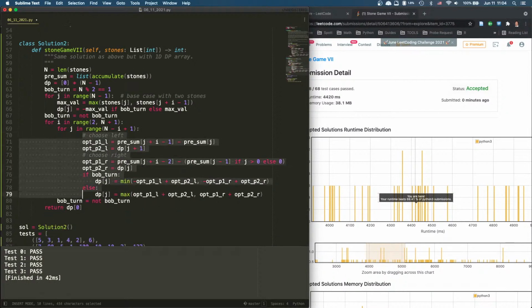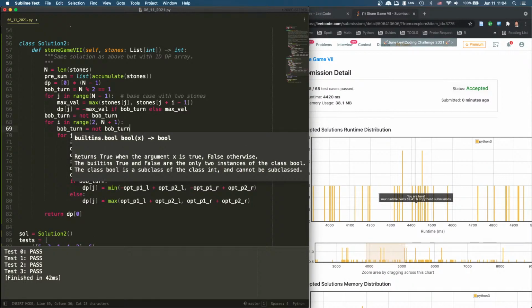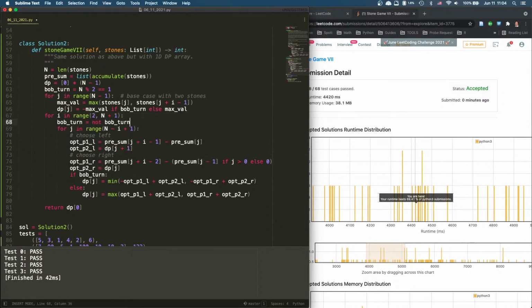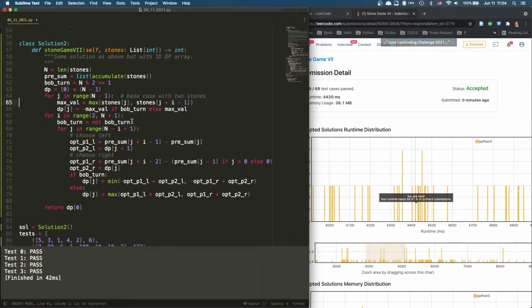So we can directly do this. But we can actually put this one up in here. So we don't have to do this. Right? Pre-sum, dp equals this. I want to rearrange this a little bit. dp equals this.